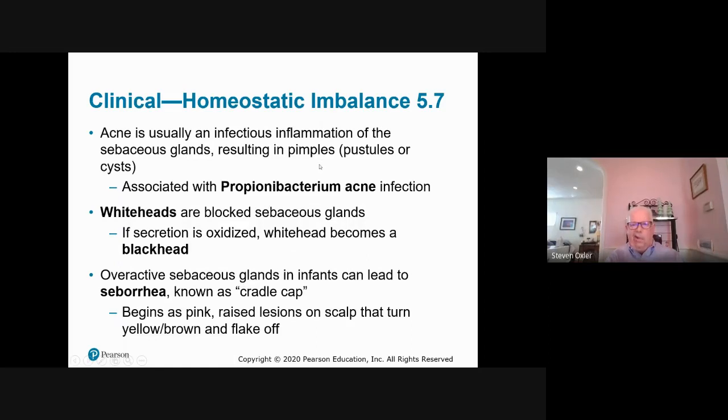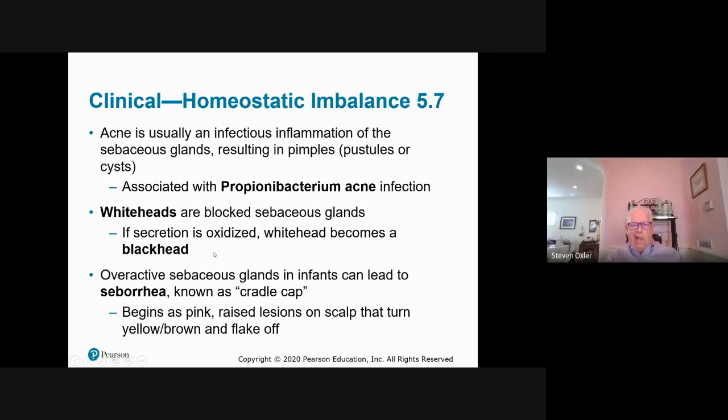You don't have to know this bacteria, but know that acne is an infection of oil glands. And when you have whiteheads, that's blocked oil glands. And if you get the secretion to be oxidized, that whitehead becomes a blackhead.